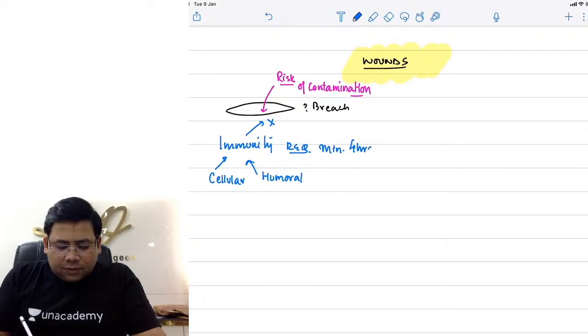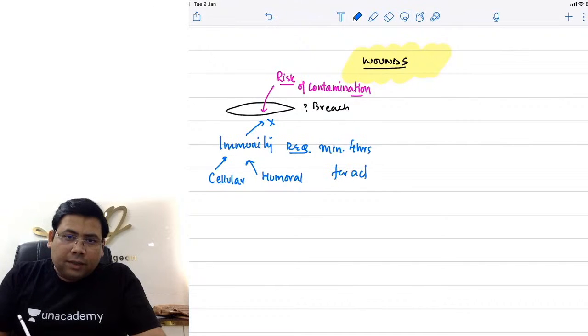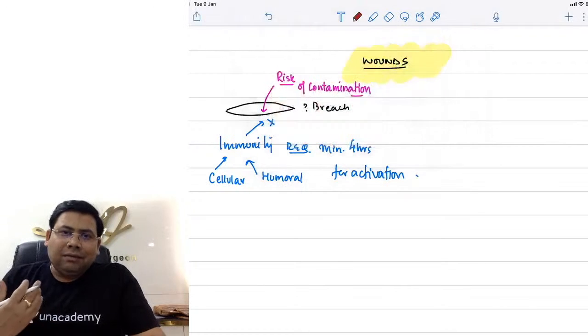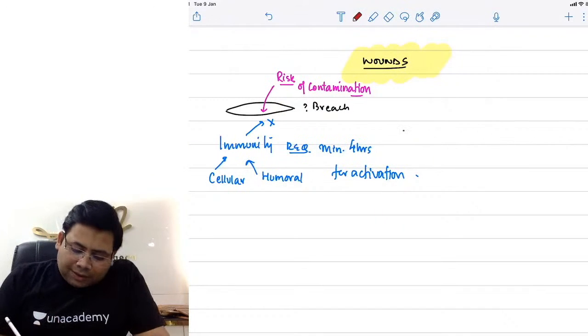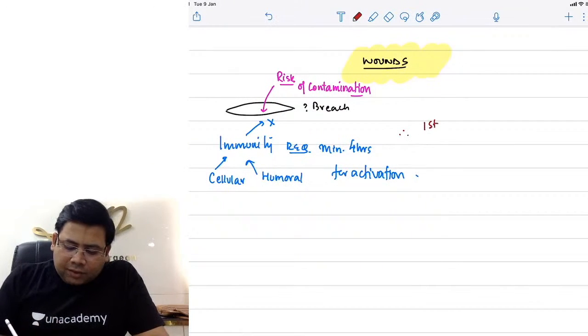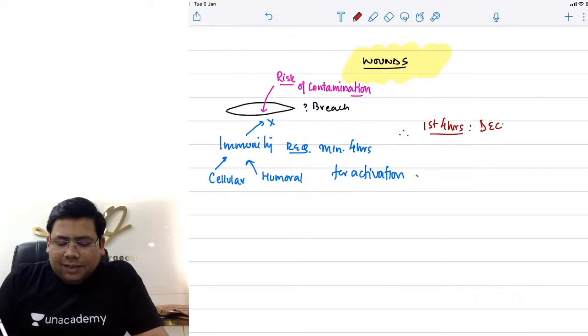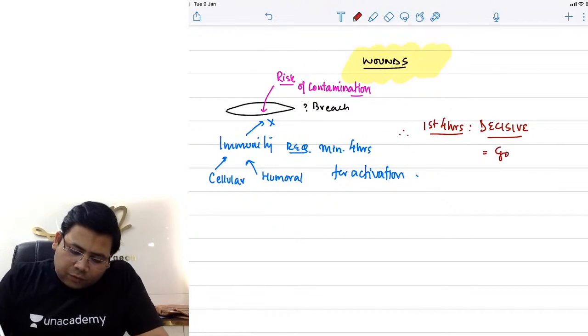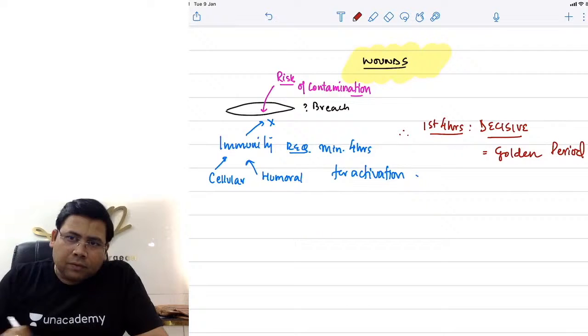And therefore, this is the time during which the wound is at the predisposition and anyone can attack. Thus, the first 4 hours are considered to be what? Decisive. Or this is also known as what? Golden period of the wound. I hope this is clear.